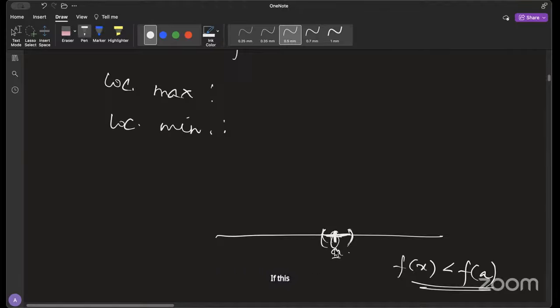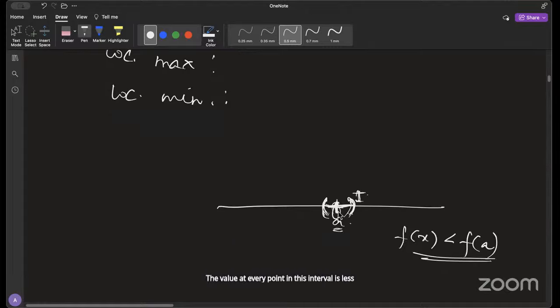Let me call this interval I, such that the value at every point in this interval is less than the value at f of a.